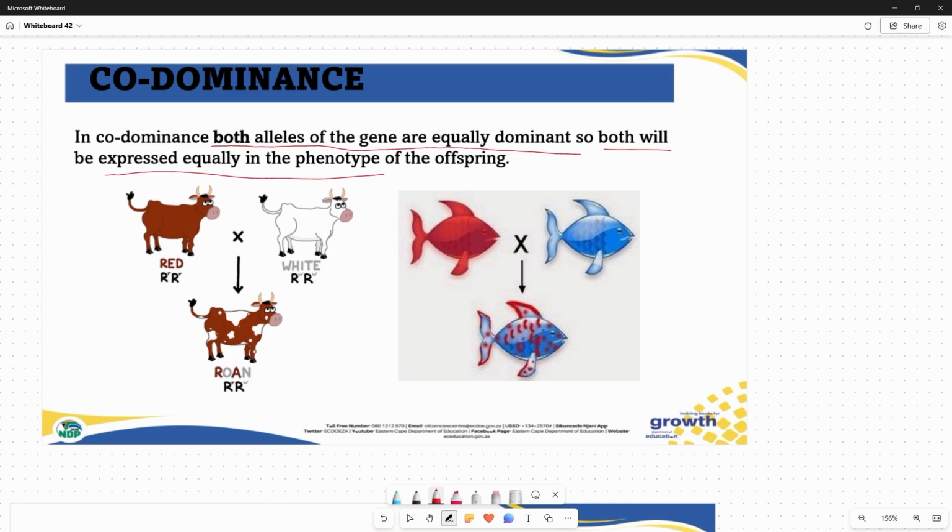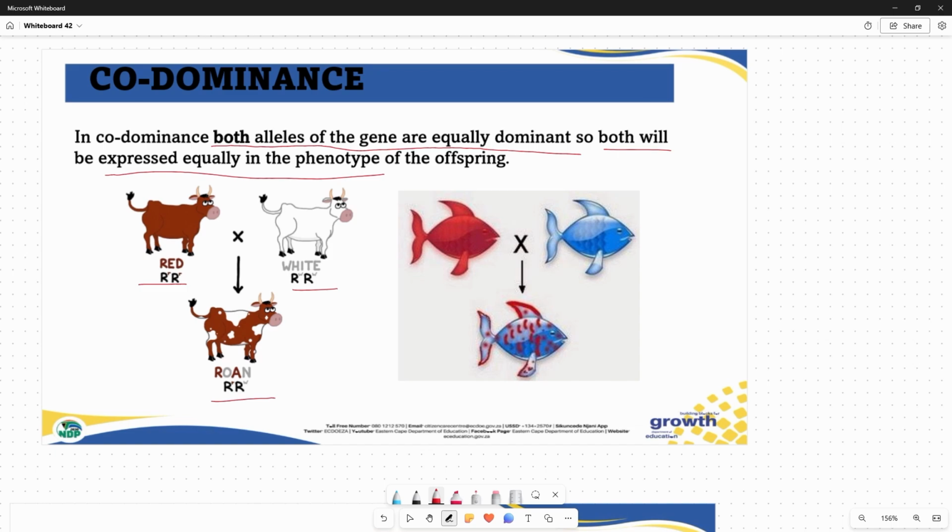Now, let us look at the examples of the pictures that we have here. So now, when we have a cow with a red coat that is crossed with a bull with a white coat, we are having offspring that are roan. So what is roan?